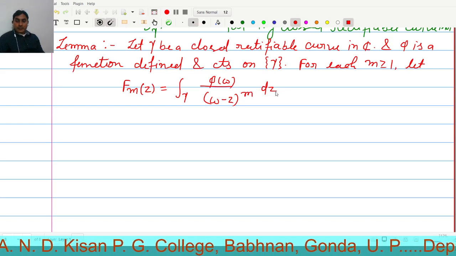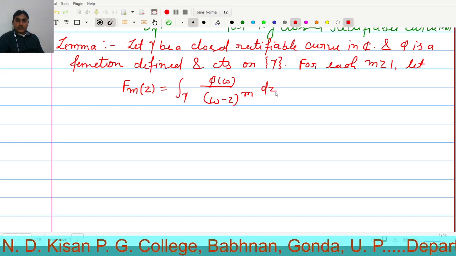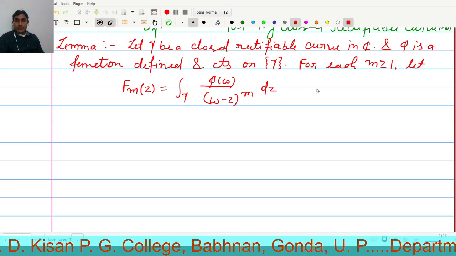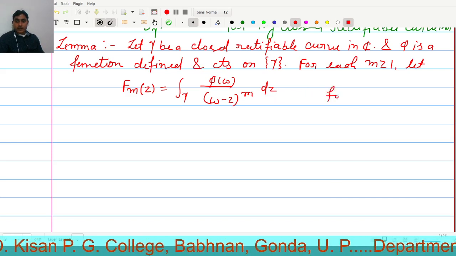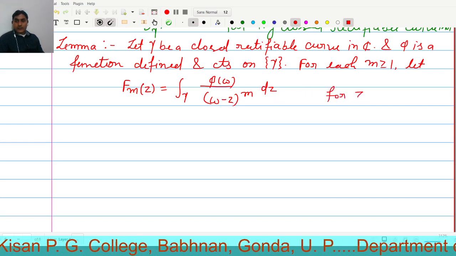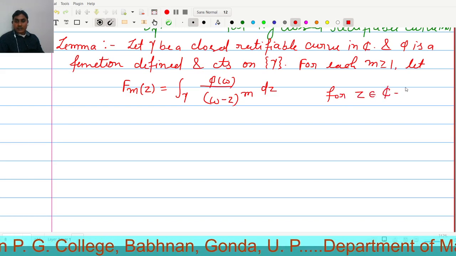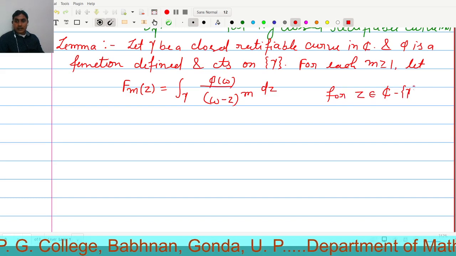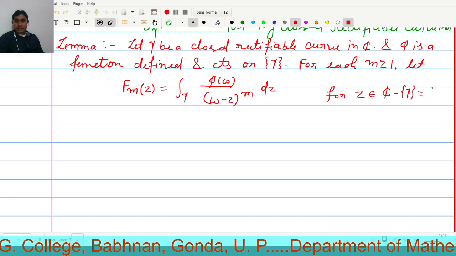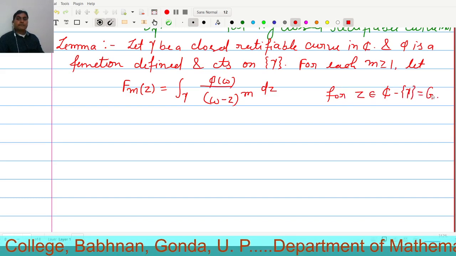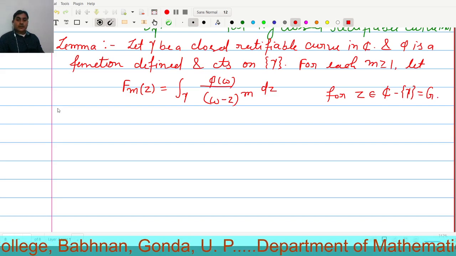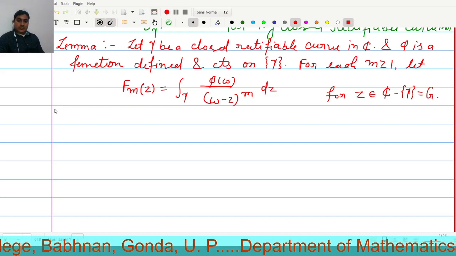For each m greater than or equal to 1, let F_m(z) equal this integral, for z belonging to C minus the singleton gamma, and suppose that this is equal to Z. Alright, so this is our assumption.